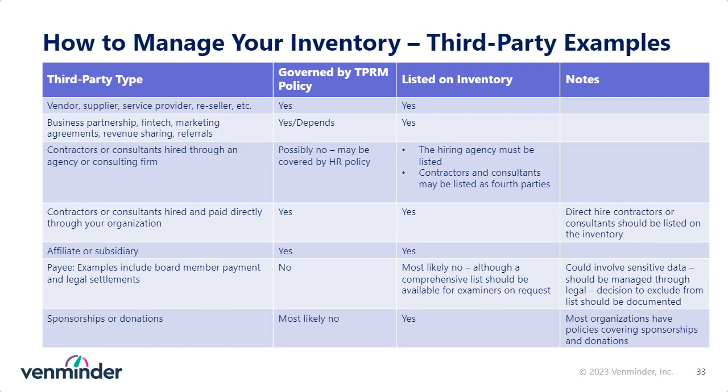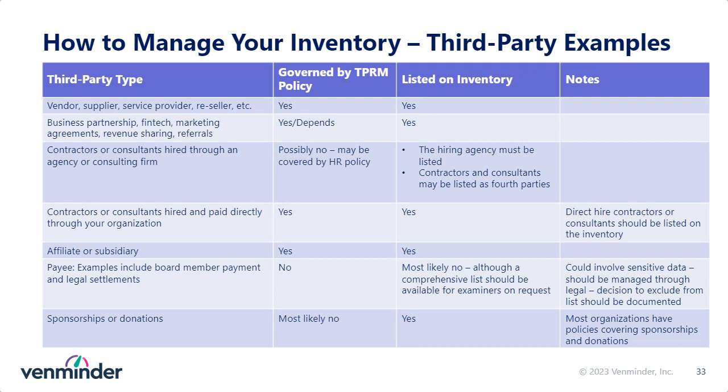Now we get into the more sticky ones: contractors, consultants. So we have to think about this in two ways. If we're utilizing contractors and consultants that are hired and paid through an agency or consulting firm, then those contractors and consultants actually become our fourth parties, and that firm is our third party.